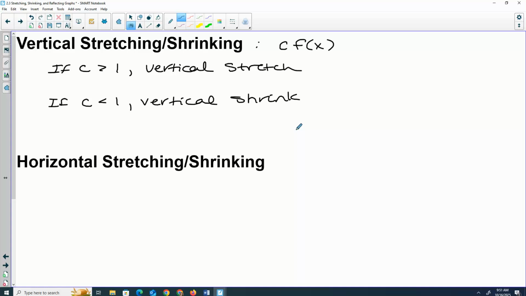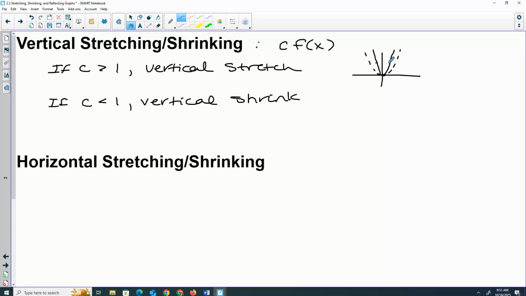When you have those, if it's on the outside changing our y, if you multiply by something bigger than 1, for instance, if I have a graph, and if I multiply all my y's by 3, okay, this is a y value of 0, it stays. But at this point, if I take it times 3, it's going up here. So it's like if you take a rubber band and you stretch it, it's going to get skinnier, right?